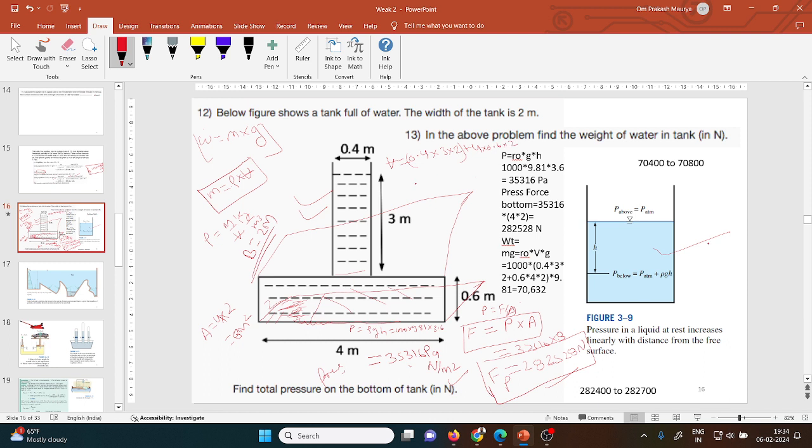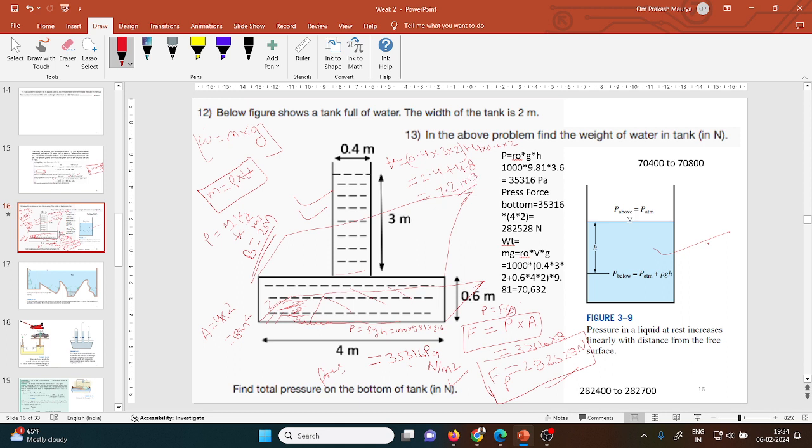If you calculate the volume, 2.4 plus 4.8 will give you 7.2 meter cube.